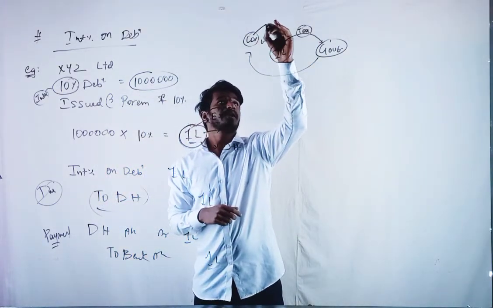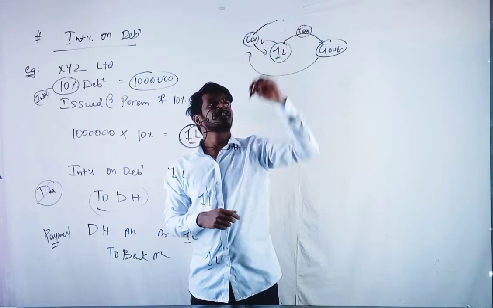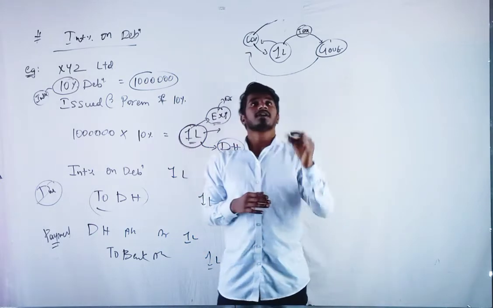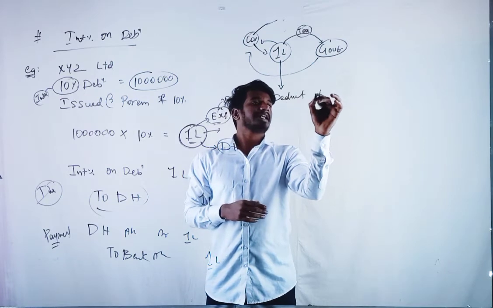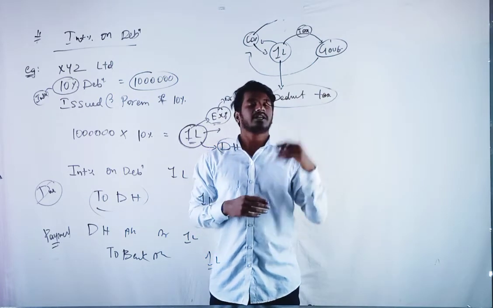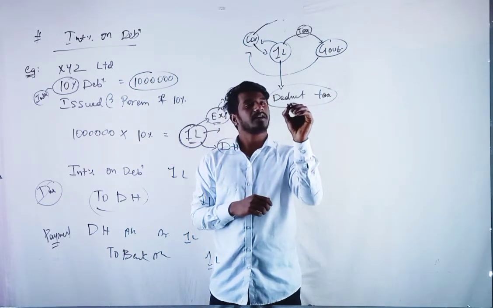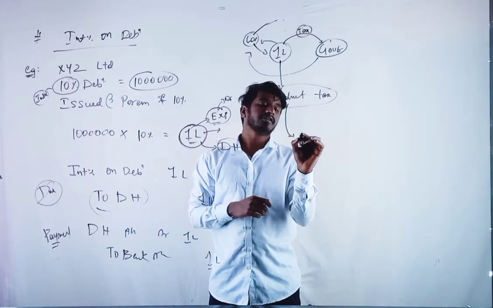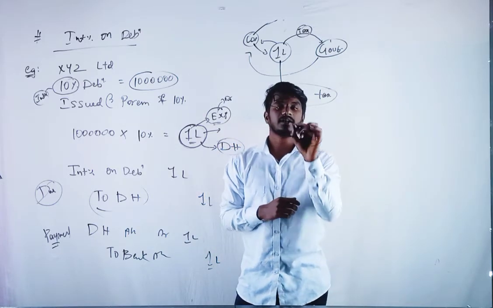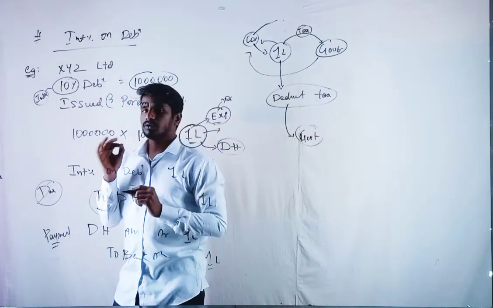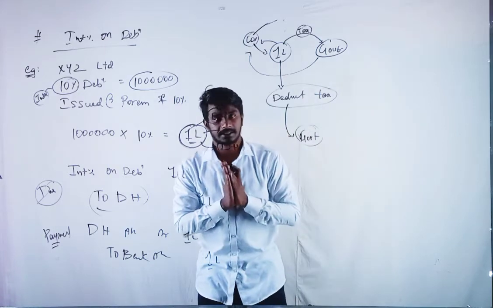At the time of paying the interest, you deduct tax on that income, whatever percentage is prescribed by the government, and whatever amount you deduct, you will remit to the government. So what does it become here? A liability to pay to the government. Is that right? Yes.